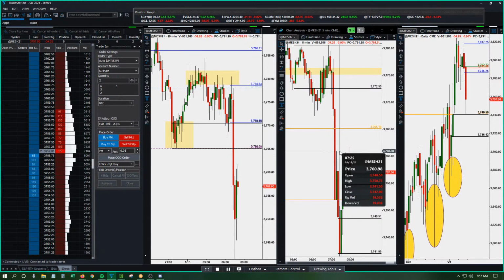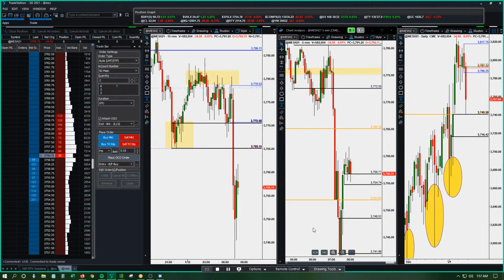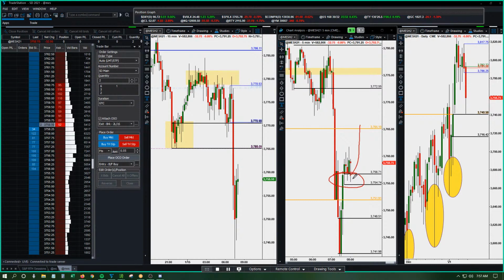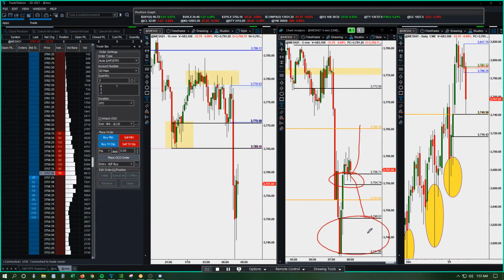Took this little pivot high out right here. Pulling back, not doing a whole lot. We set the low. Took this out. Let's see if it can hold right in here. If it can hold in here, then we're going to go up higher. If it can't hold here, then we're going to go lower and test, and then it becomes a double bottom situation.